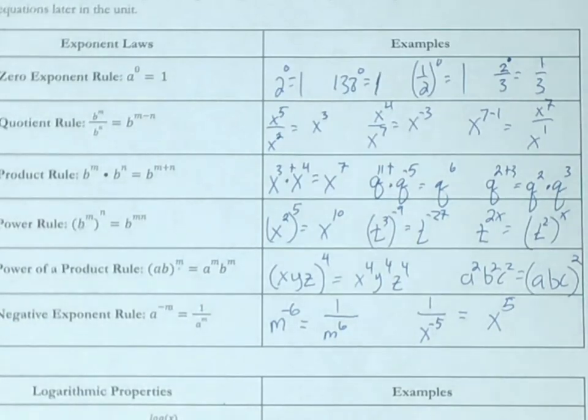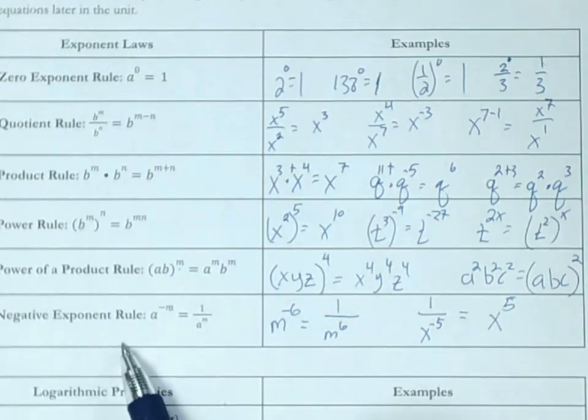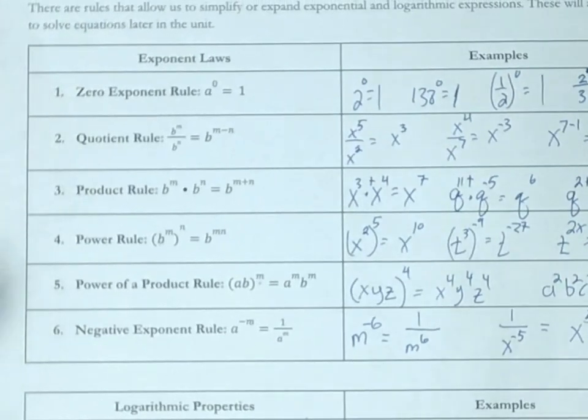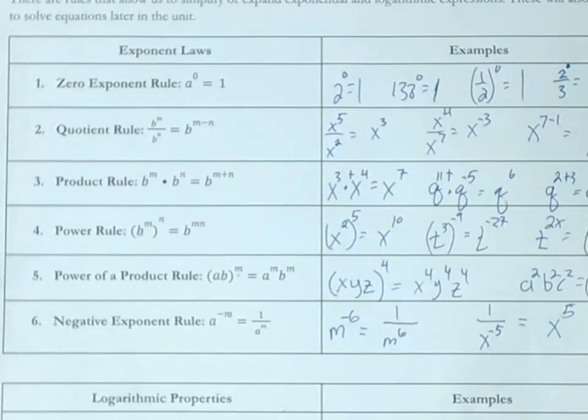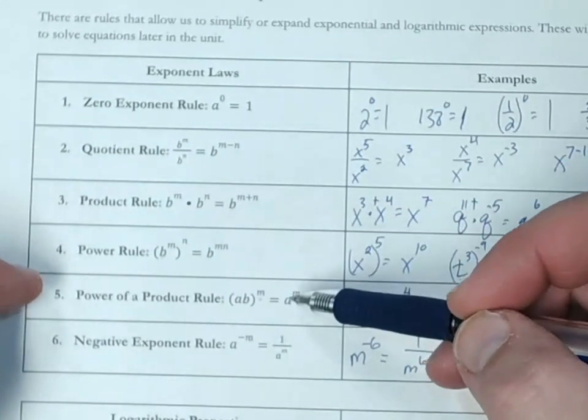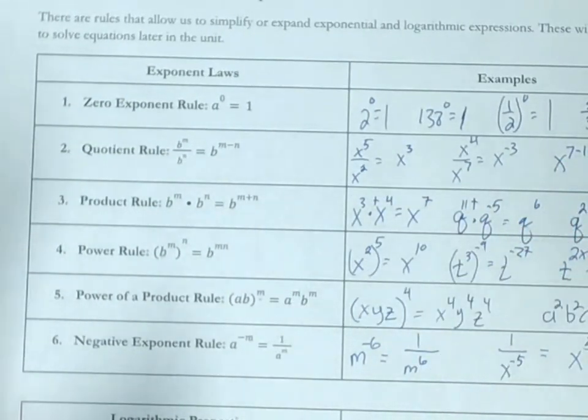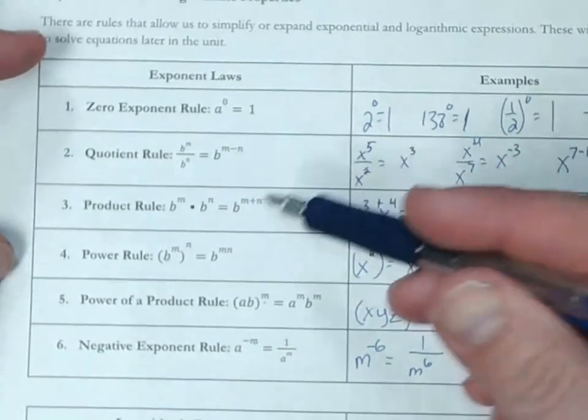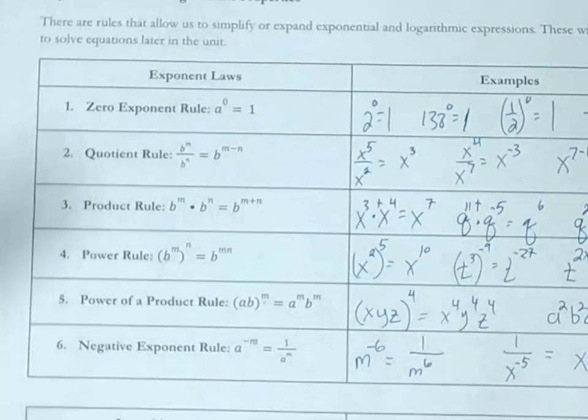And once I have only one instance of each variable, then I start applying the negative exponent rule. And sometimes you get lucky and you can use the 0 one as well, because a 0 will pop up. Sometimes you get lucky because you start off with a negative, but because you're combining it with one of these rules, it ends up being not a negative exponent, which is great. So you never know. It's best to simplify those exponents first before you do anything with them.